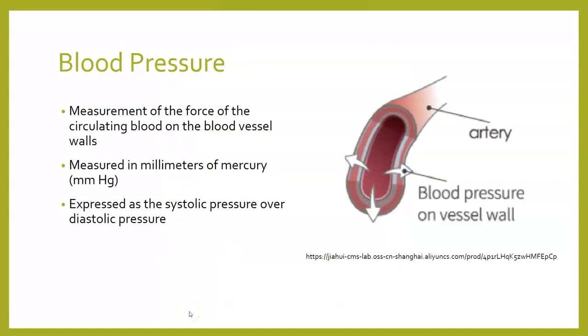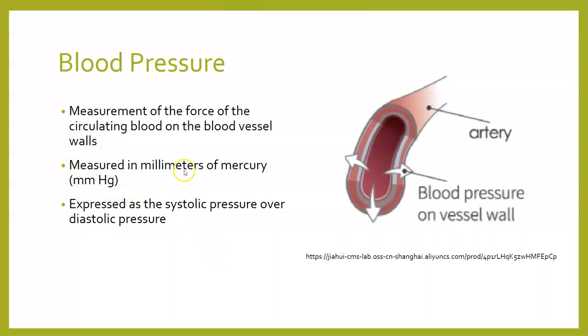Okay, so the first vital sign we're going to talk about is blood pressure. So if you think of blood pressure, it is the blood pressure on the vessel wall. You can see your artery here. So it's the measurement of the force of the circulating blood on the blood vessel walls. It's measured in millimeters of mercury. So you'll see this little abbreviation out by your blood pressure.